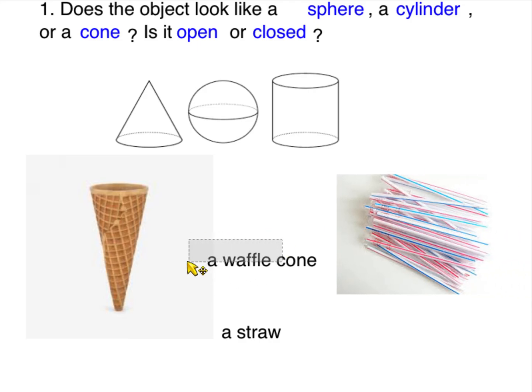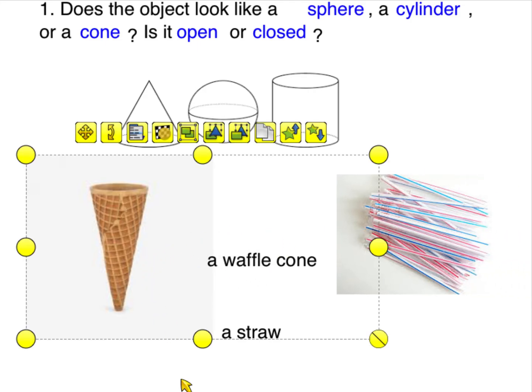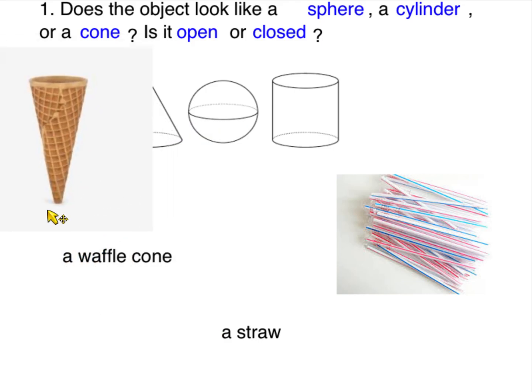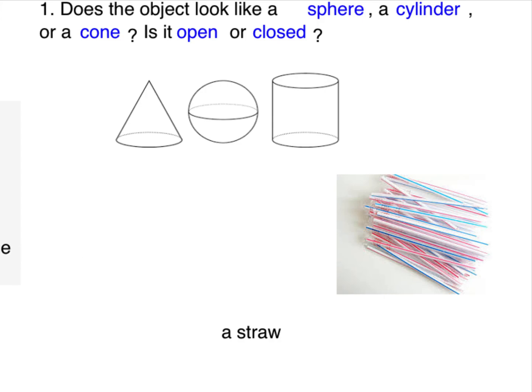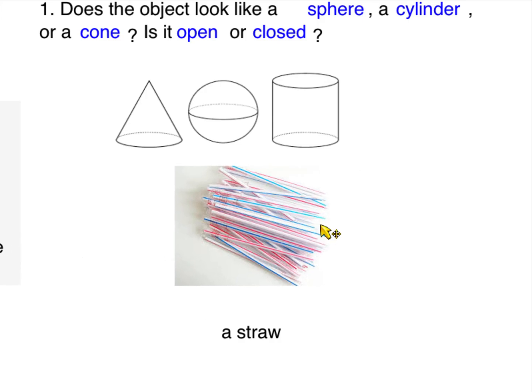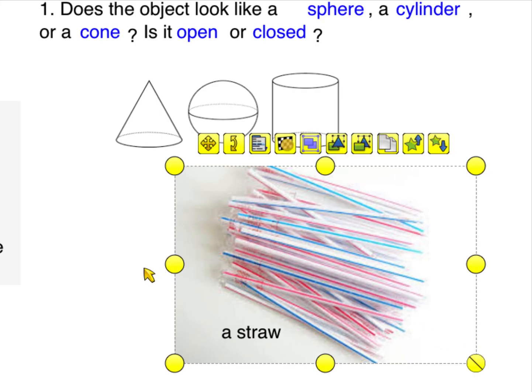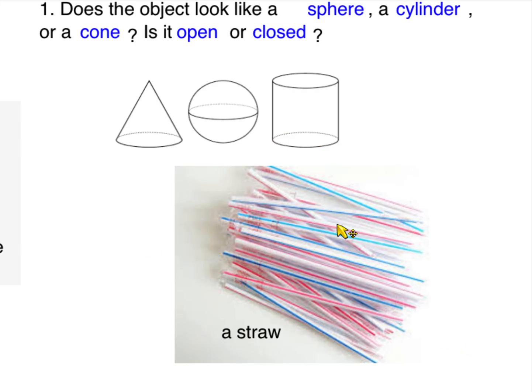A straw. My picture doesn't make it very easy to see. But it's a circle on one end and a circle on the other end, so that makes it a cylinder. Has to be open or you could not use the straw for the reason that you would use a straw.